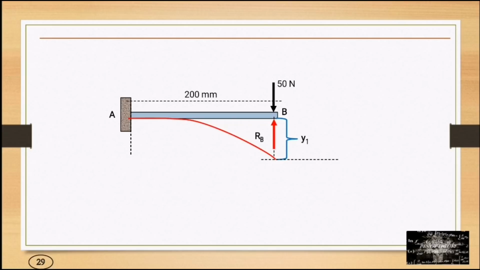Due to reaction exerted by the spring, babalik siya ng konti. So we have y2. Then we have y, yung difference ng y1 at y2. So y is equal to y1 minus y2.